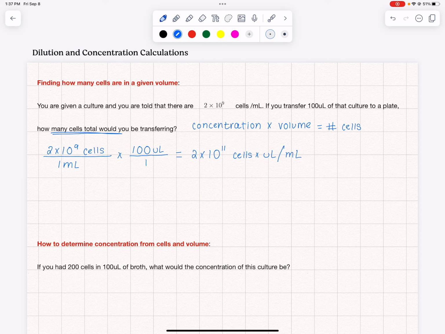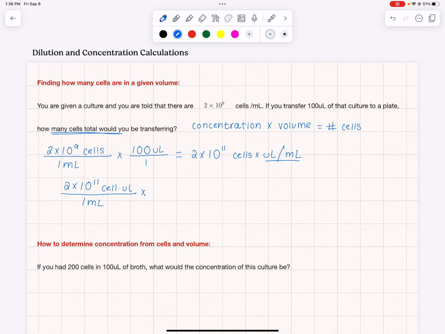And we know that we're just trying to calculate our number of cells. So we can cancel out these additional units that we do not need by multiplying this number, 2 times 10 to the 11th, cells per microliter over 1 milliliter, times essentially 1.